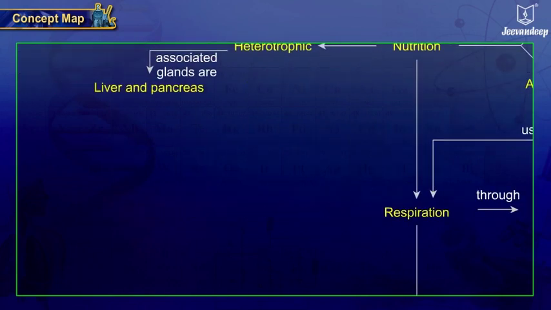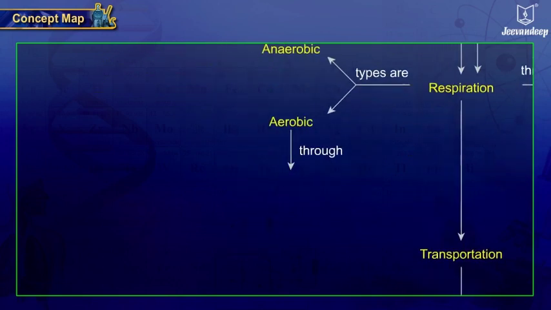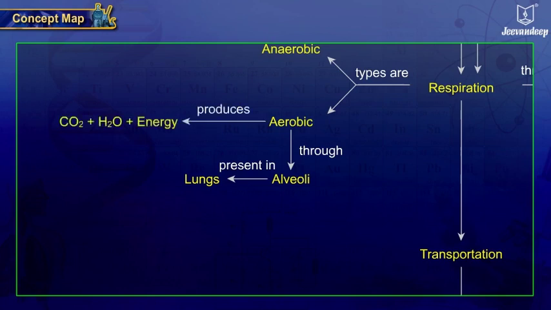In humans, respiration is of two types. Anaerobic respiration results in formation of alcohol, carbon dioxide, and energy. Aerobic respiration takes place through the alveoli present in the lungs. It results in the formation of carbon dioxide, water, and energy.